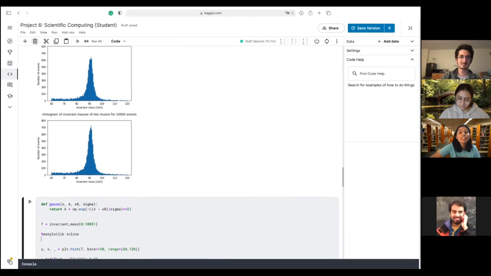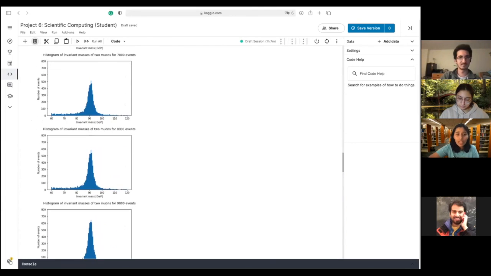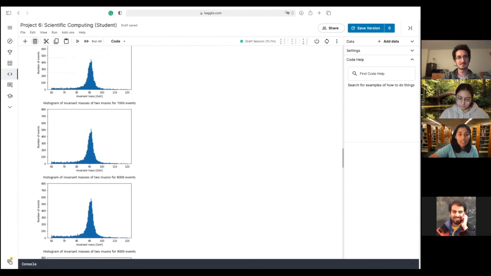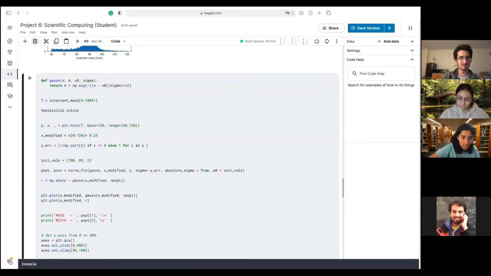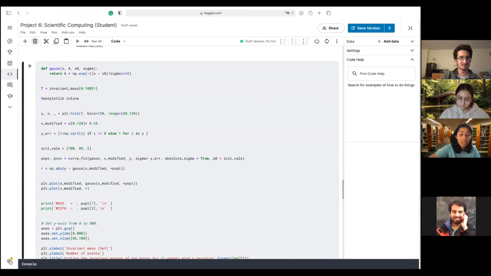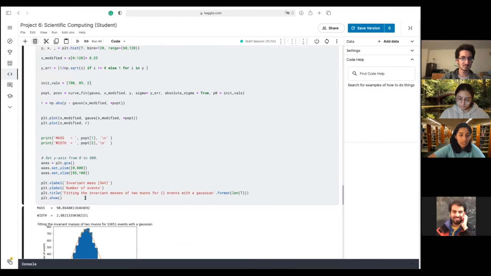As we see, with the number of events, your statistics actually changes. So for example, even in this small example, if over here we have t equal to 0 to 10851, and we try to reduce the number of events to maybe 800 or even lower, 500, we probably won't see a good fit.